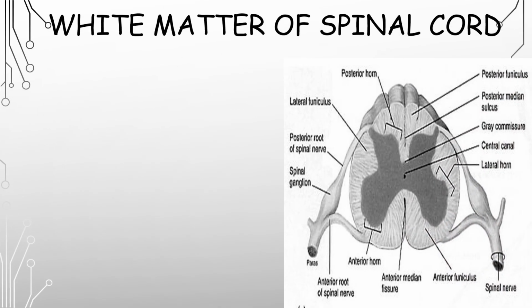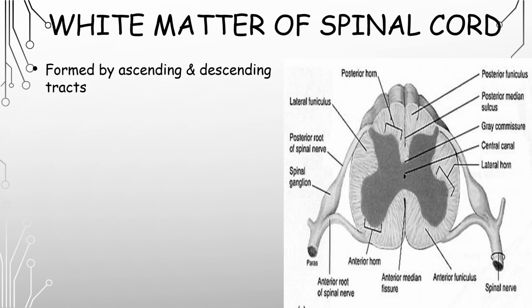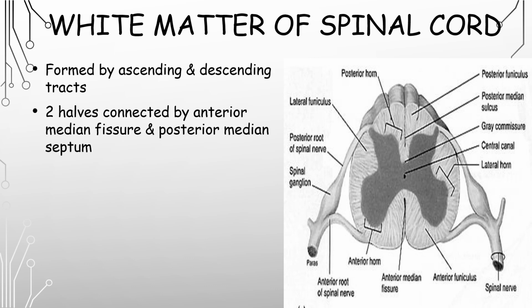White matter of the spinal cord. It is formed by nerve fibers which are arranged as ascending and descending tracts. In general, the white matter of the spinal cord is divided into right and left halves. In front it is divided by the deep anterior median fissure, and behind by the posterior median septum.